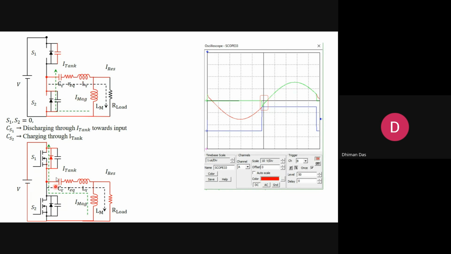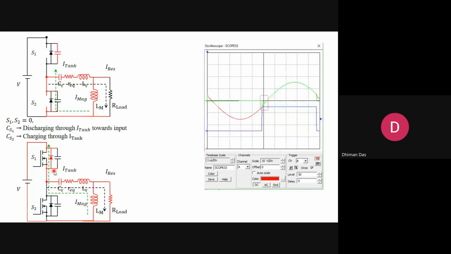So this tank current tries to charge this capacitor, and when it is fully charged, the bottom capacitor is fully discharged now.